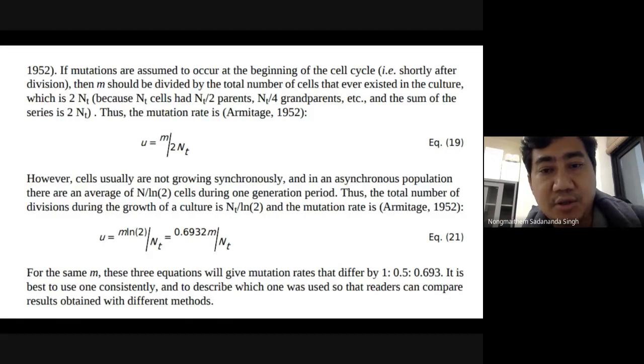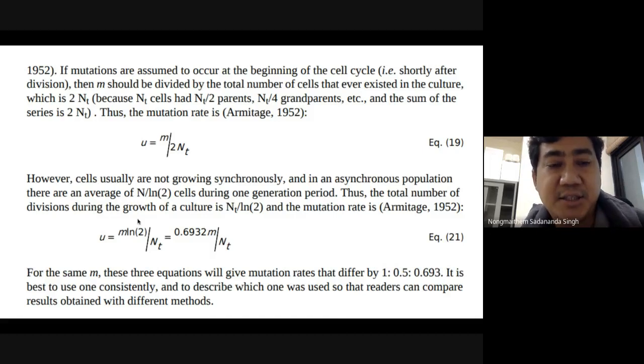That is called a synchronous culture. But most of our cultures in the experimental setting that you will do for antibiotic resistance or anything are asynchronous. That means all the cells are not at the same stage of the cell cycle. Some are at the initial DNA replication stage, some are dividing, some have just finished dividing. So many cells are in different stages of the cell cycle.